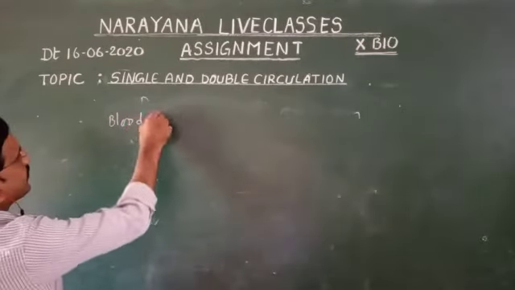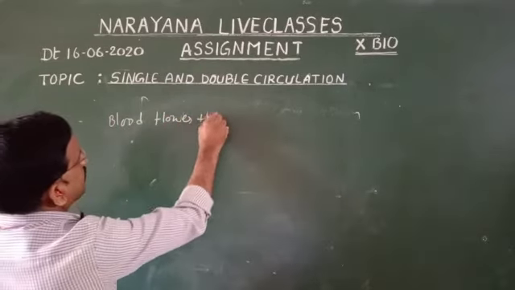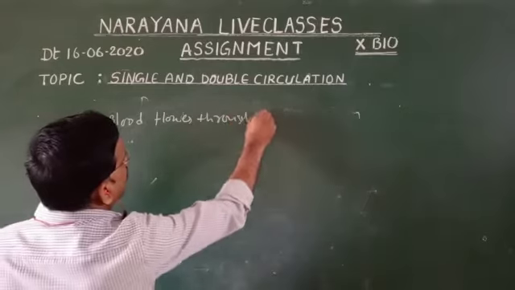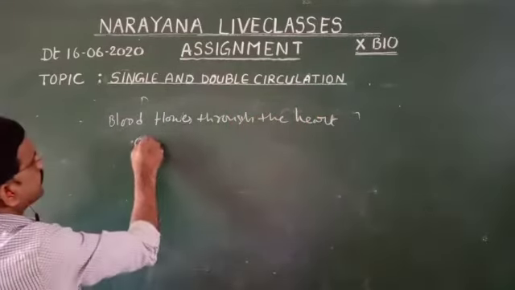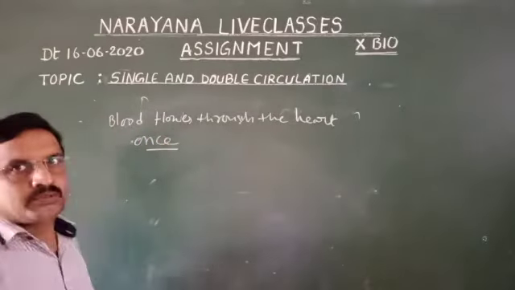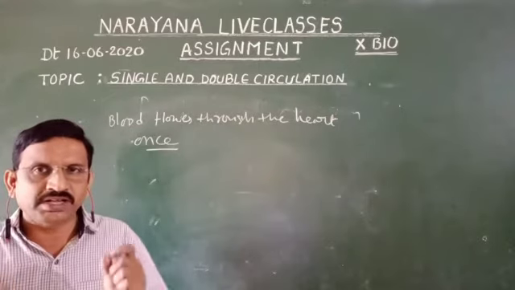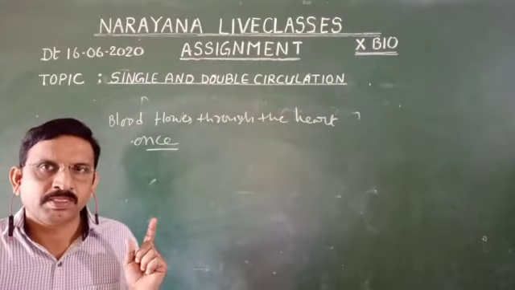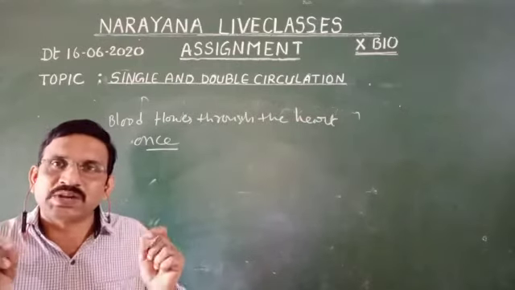Blood flows through the heart only once for completing one circulation. That is called single circuit circulation.